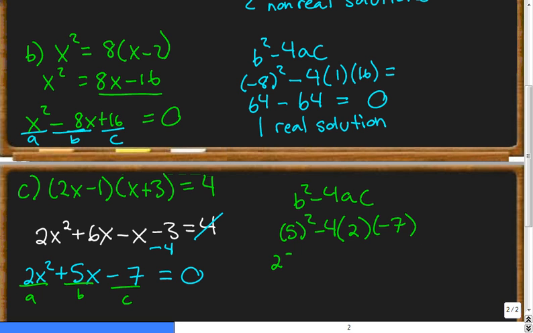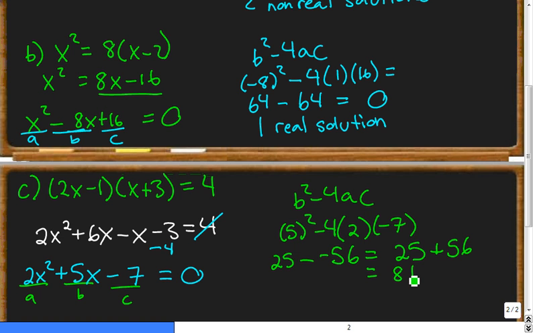So we get 25 minus, 8 times negative 7 is a negative 56, which is the same thing as adding 56 to this. And so that is going to be 81 as our answer.